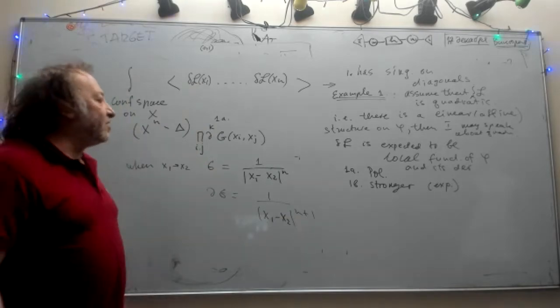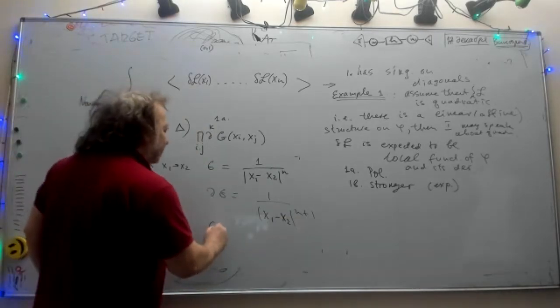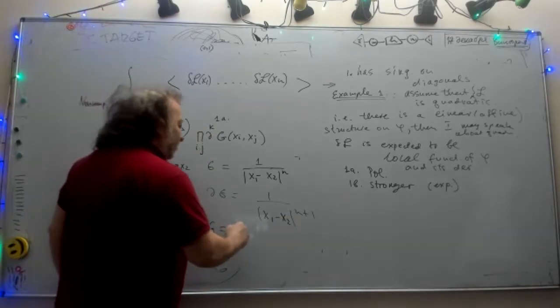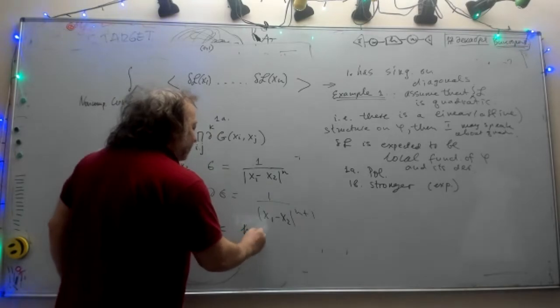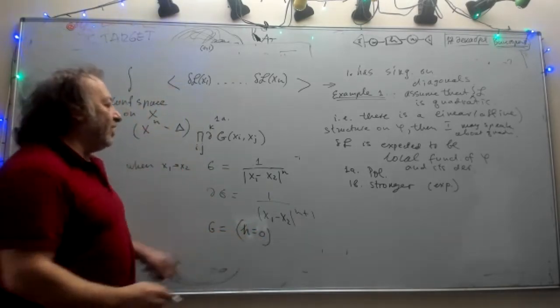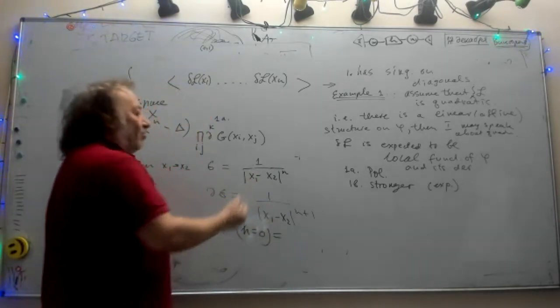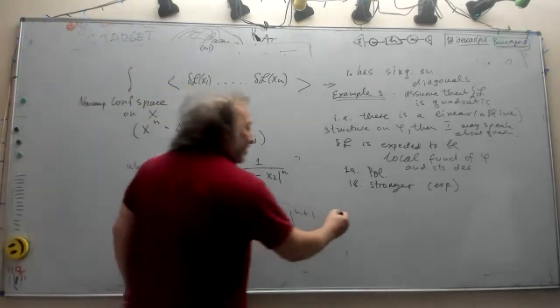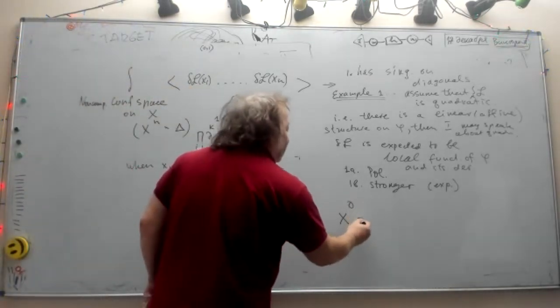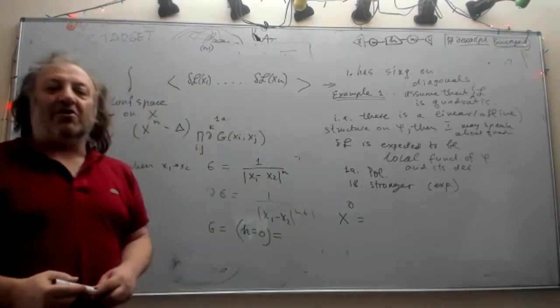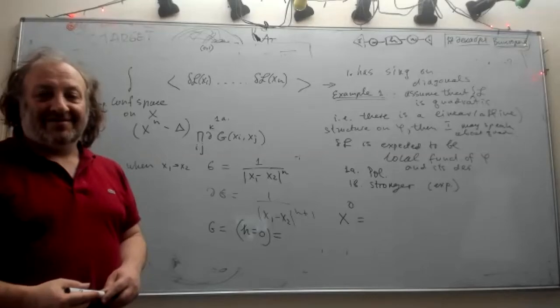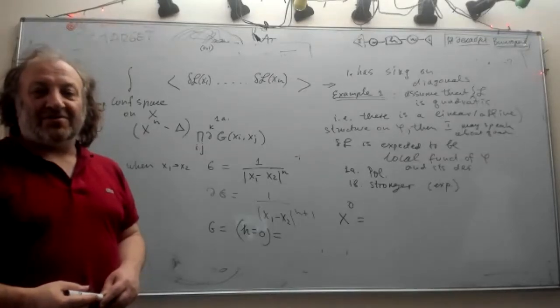And there is a particular case of the Green function. Sometimes you can have n equals 0. So n equals 0 actually means, you know that x to the power 0, do you know what we call this function?